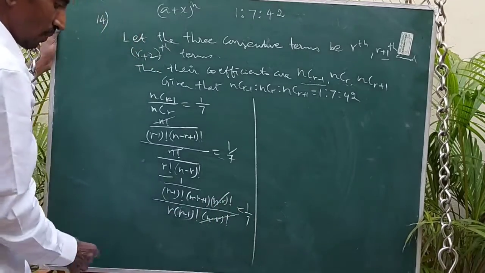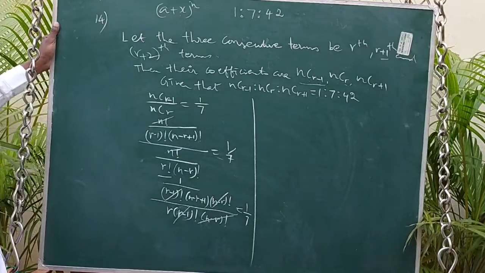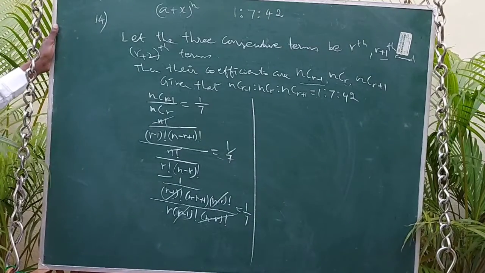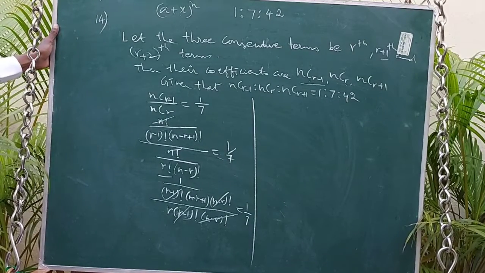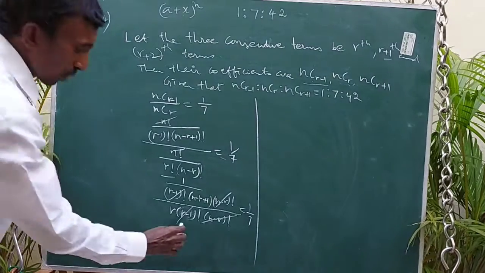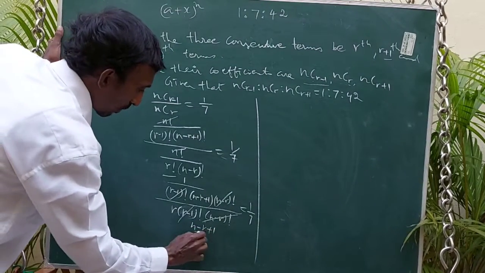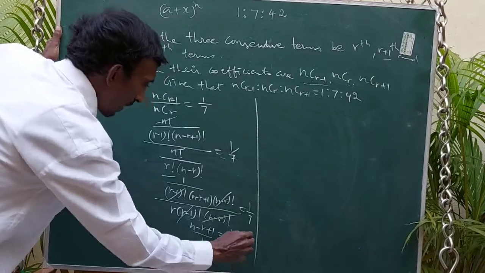So n minus r, r minus 1 factorial cancel. We are getting remaining n minus r plus 1 by r. So n minus r plus 1 by r equal to 1 by 7.